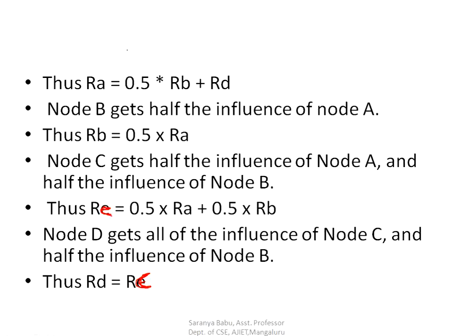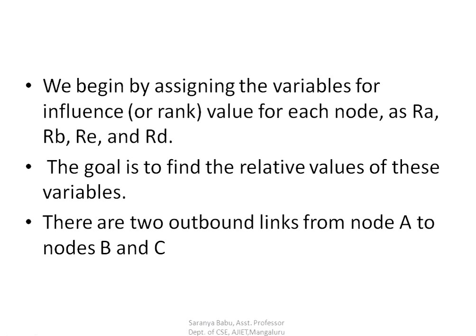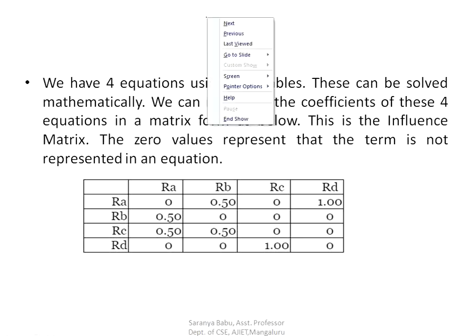So we got RA, RB, RC, RD. All four nodes we have got. Understood? Wherever I have written this also, it is not E, it is C. Now we have four equations using four variables.